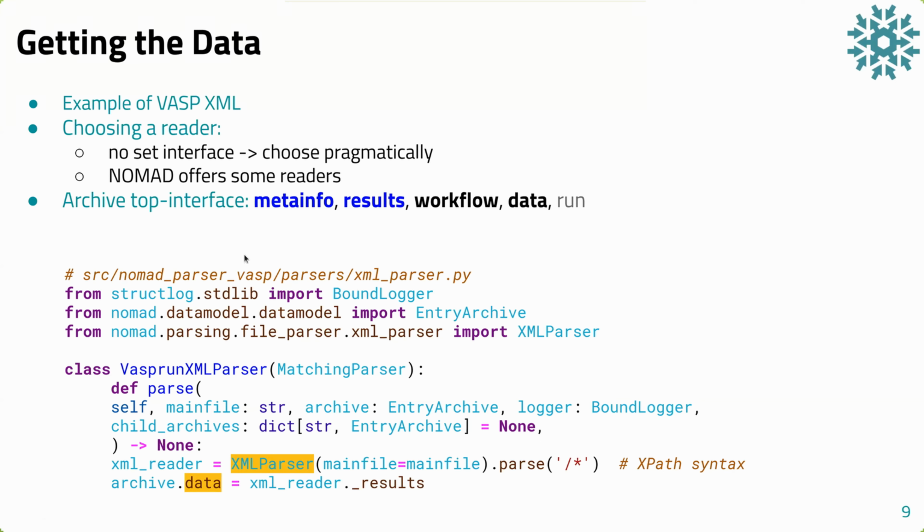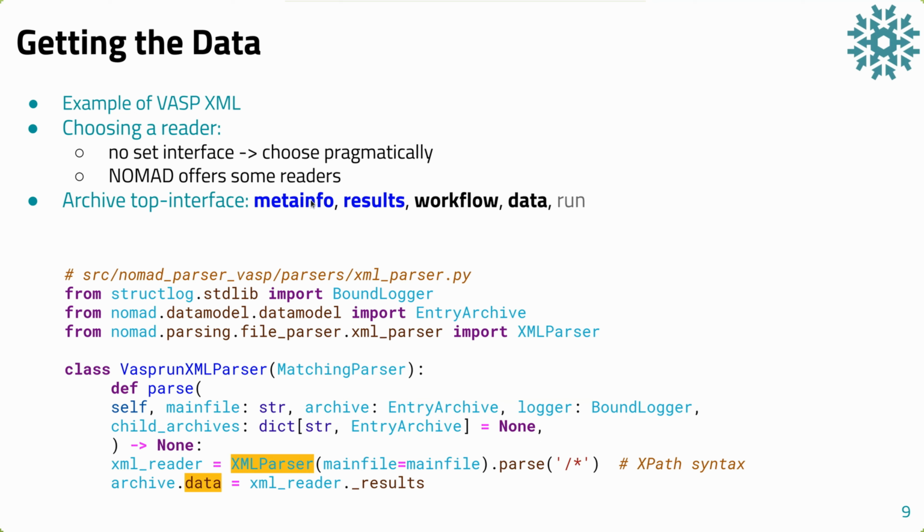So the archive, I wouldn't really call it an interface because we're dealing here with a schema structure, but it has some kind of top-level structure that comes with its own semantics, its own meaning, and you should really respect that meaning. The ones here denoted in blue are mostly on the Nomad side, so the meta info is somewhat of an internal bookkeeping of when the parsing was done, who did it, and other aspects for storage.